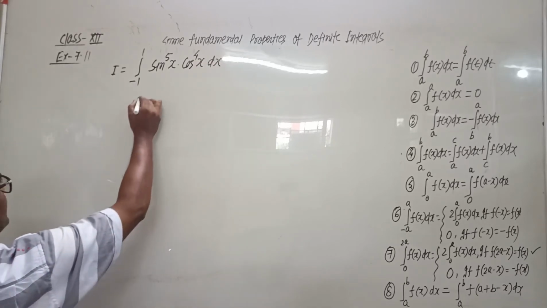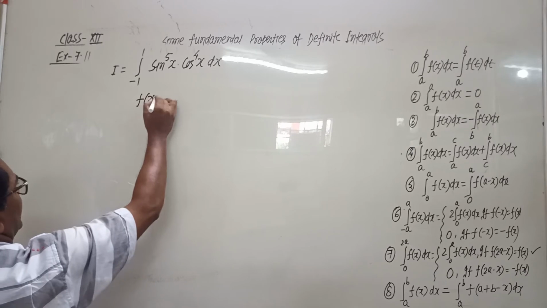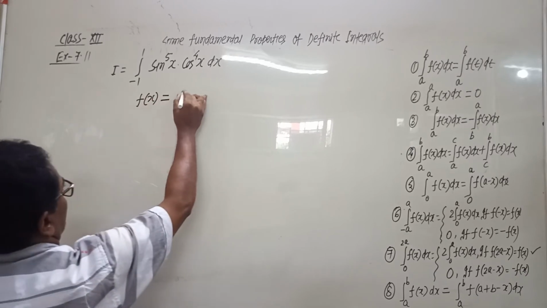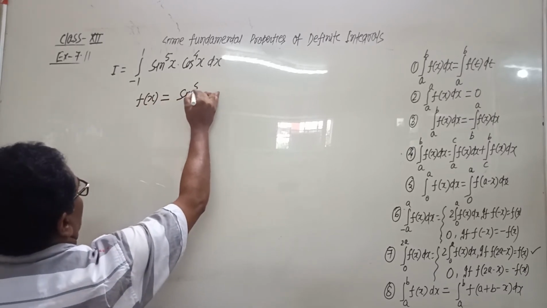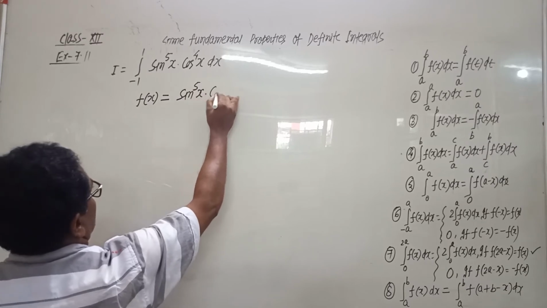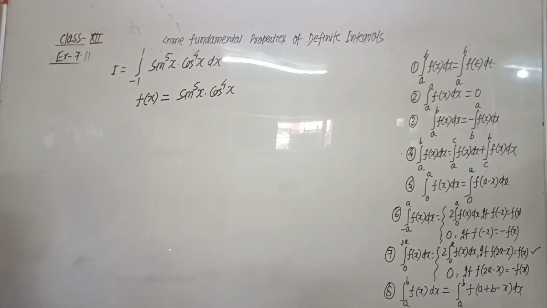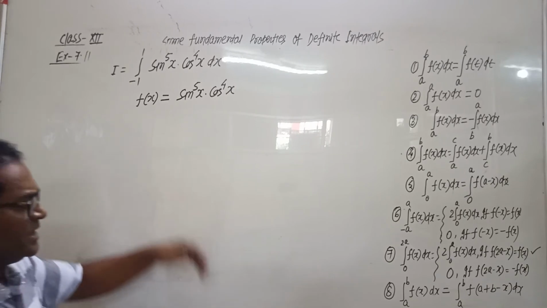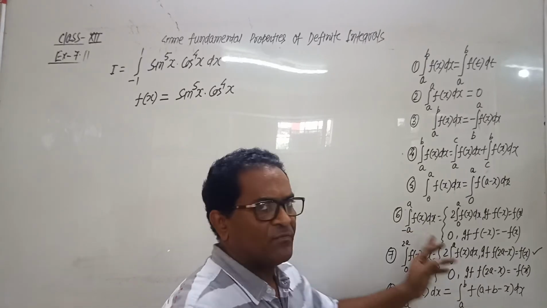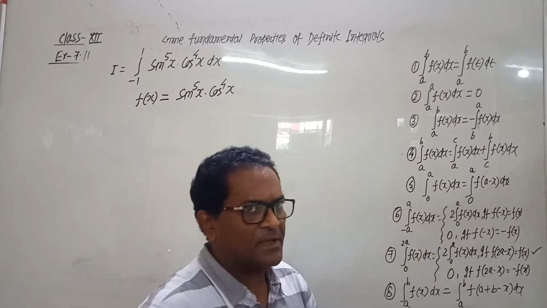So here the function f(x) is sin raised to the power 5x into cos raised to the power 4x. This is our function. And the form is this sixth form, minus a to a f(x) dx.